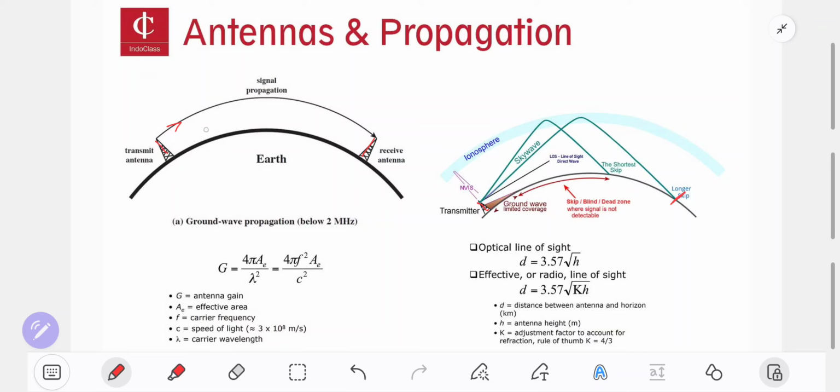And you can see on here the propagation can go direct from antenna 1 to antenna 2, and for the right side the propagation or signal goes from antenna 1 to the ionosphere, from the ionosphere to the other antenna, or to the receiver.